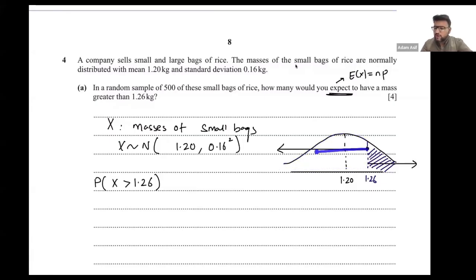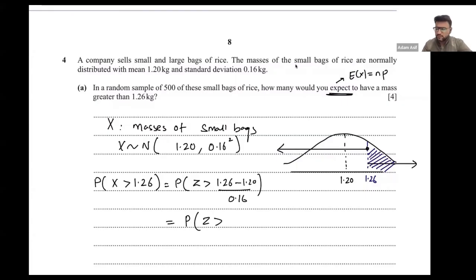To find this body area, we first find the corresponding z value for 1.26. So probability of z being greater than 1.26 minus 1.20 divided by sigma, that is 0.16.